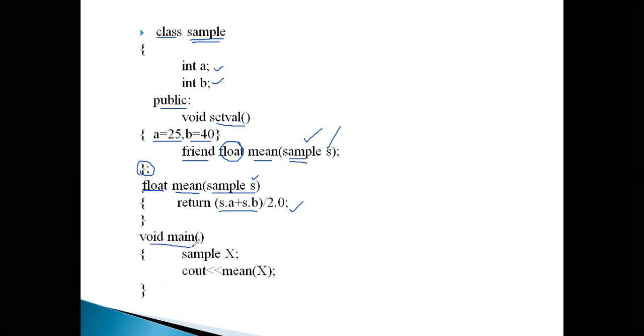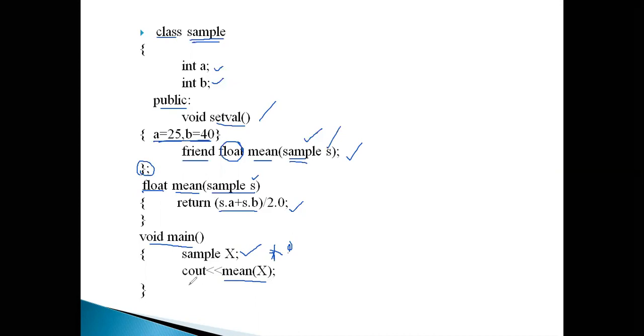Then come to the main function and create the object sample x. So cout mean of x, and automatically it executes this function. Before that, it has to invoke one more function named x.setVal. That statement is missing here. x.setVal is used to assign the values.